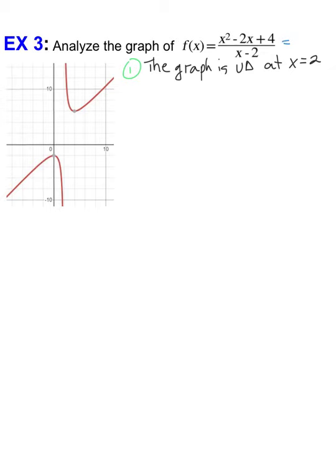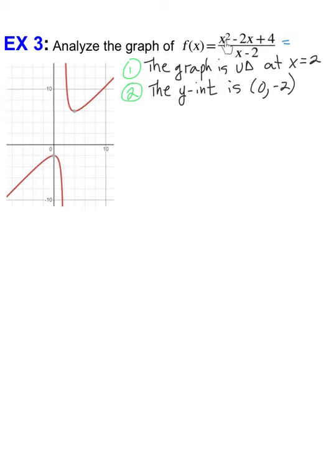All right, so then the second thing that we want to look at is the y-intercept. So the y-intercept is 0, negative 2. How did I get that? Well, remember on the y-axis, every x value is 0.